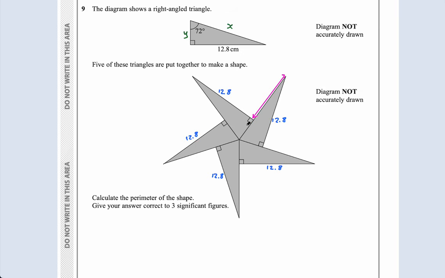So this is y, if you like, here, and the full thing is x, so this is actually x minus y.